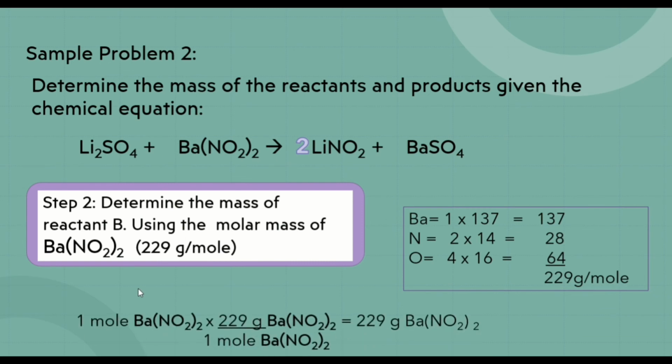Then we can now convert mole into mass. We don't see a number here, so it means 1. We only have 1 mole of barium nitride. And then we will use the molar mass. Of course, we still have to cancel the same unit. We have mole here and mole. So the remaining unit will be grams. So 1 times 229, we have 229 grams barium nitride. And that is the mass of our reactant B.